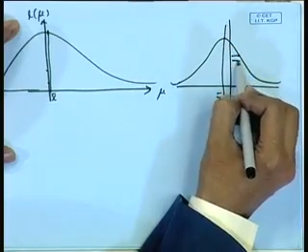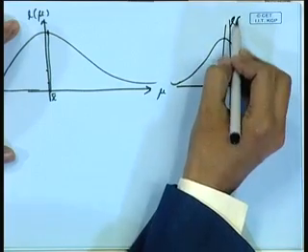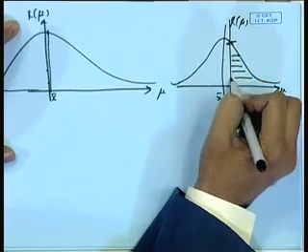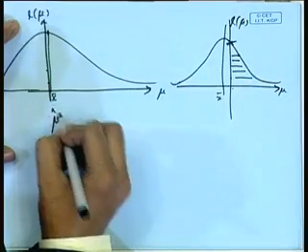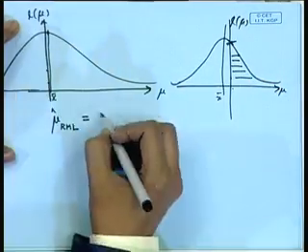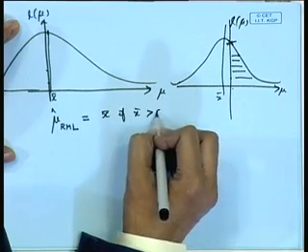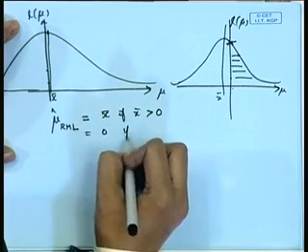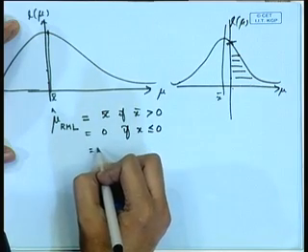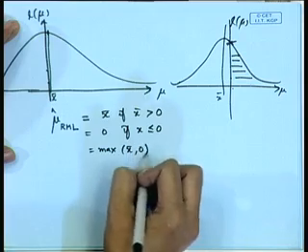So, if the parameter space is this, then the maximum is occurring at 0 itself. So, the restricted maximum likelihood estimator becomes x bar if x bar is greater than 0, it is equal to 0 if x bar is less than or equal to 0, which we can actually call the maximum of x bar and 0.